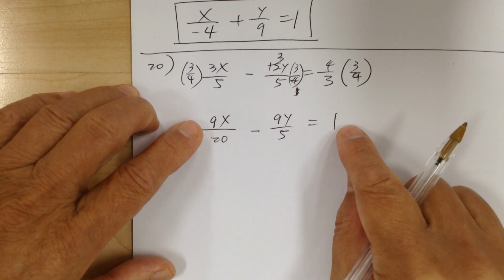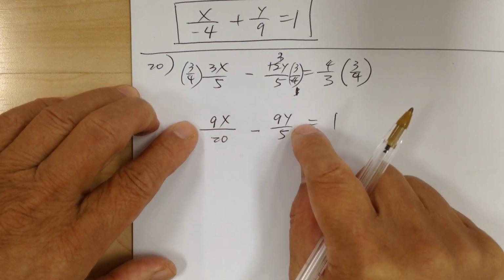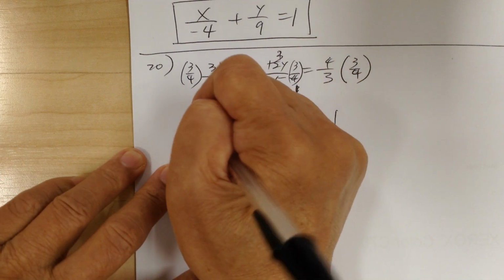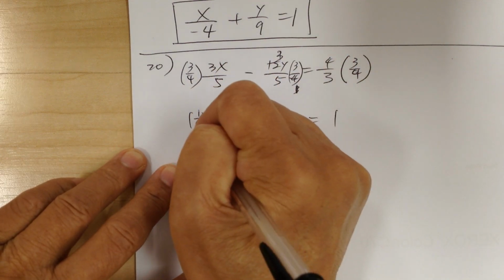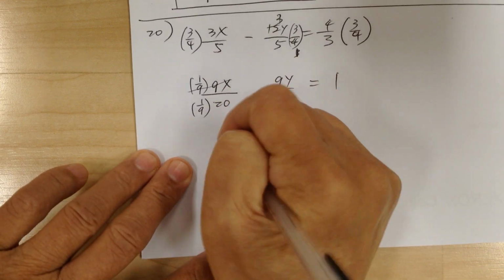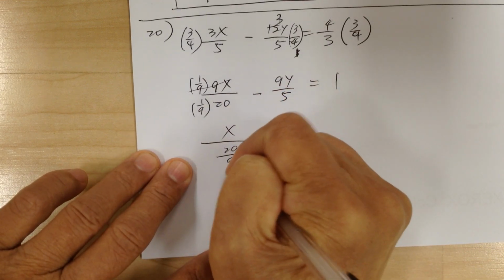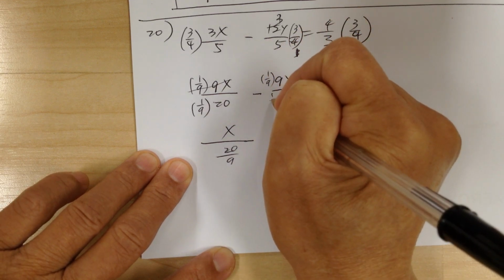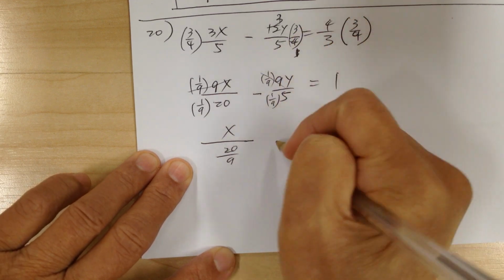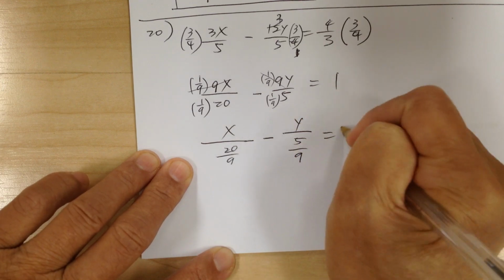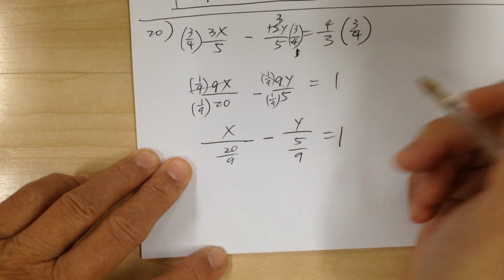For this intercept form, you have to get rid of this number on top, so you want to go vertically. Multiply the top by 1/9 and the bottom by 1/9, so that this will cancel out. So you got x over 20 over 9. This one you do the same thing, so minus y over 5 over 9 equal to 1. And that's it.